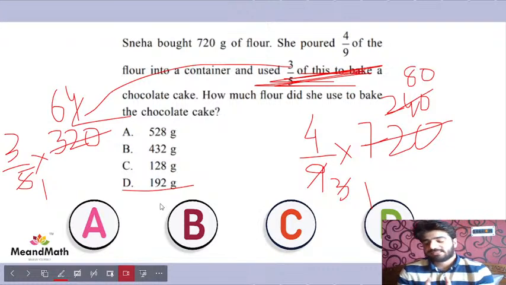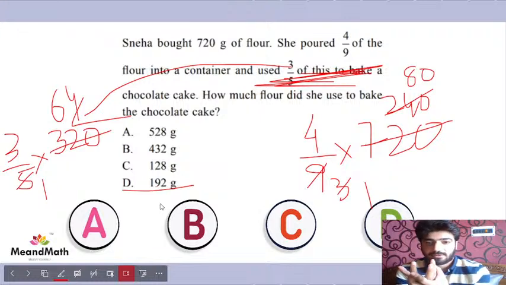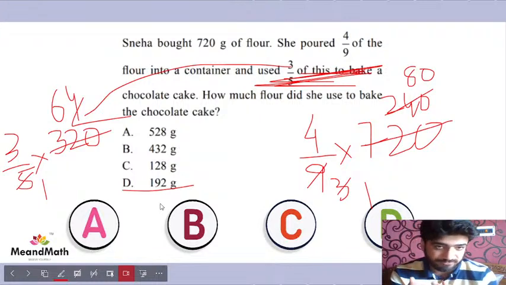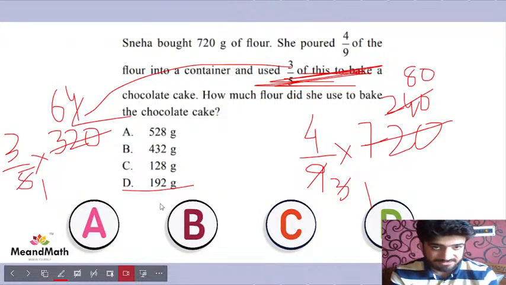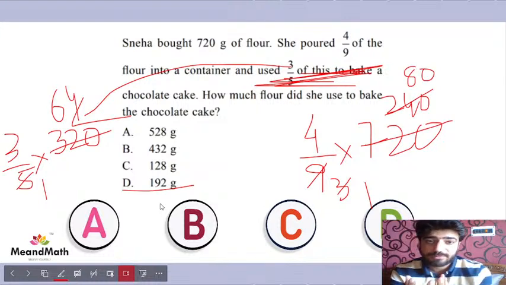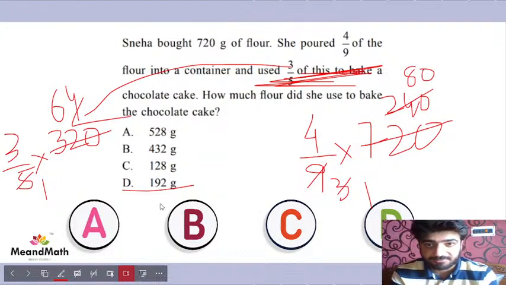Sneha, listen, who didn't understand, listen to me. Sneha brought 720 grams of flour. Out of that 720 grams, 4/9 of it she put in a container.